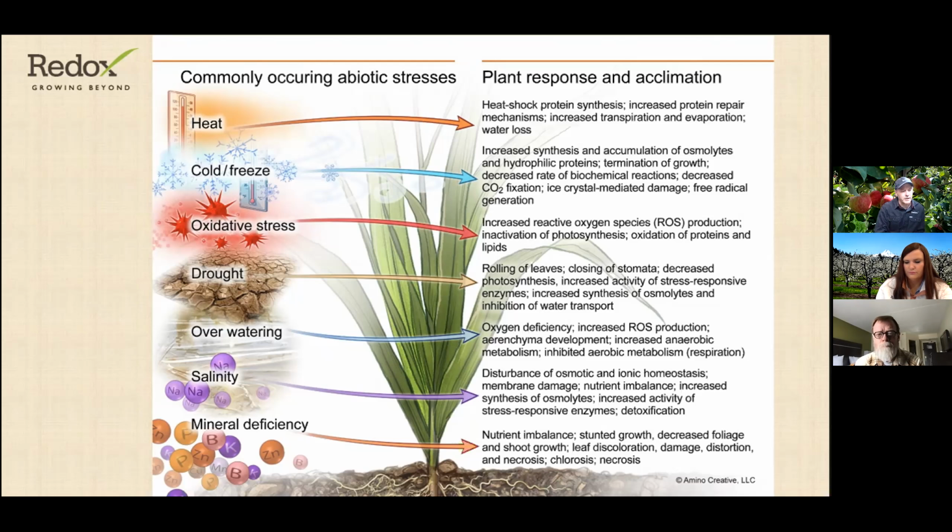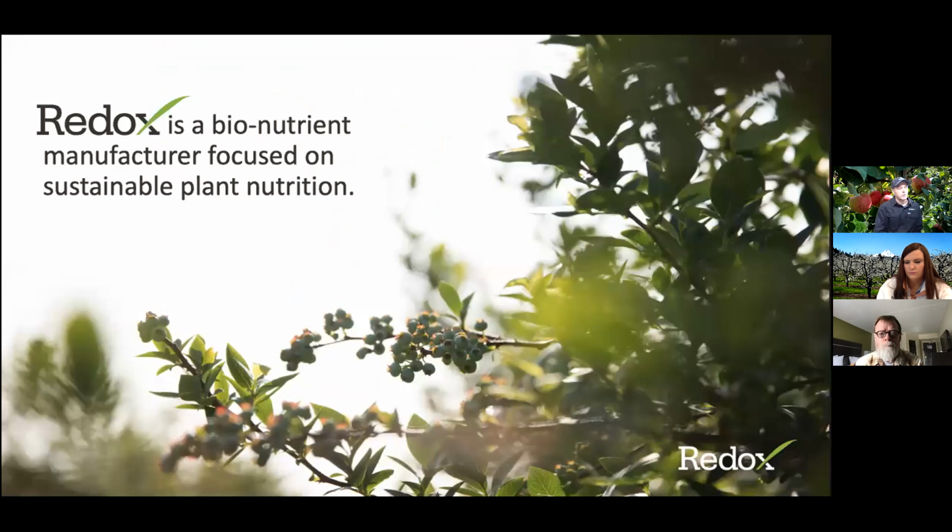And this is being done with a highly effective but clearly non-traditional approach to plant nutrition. So Redox, for those not familiar, is a bionutrient manufacturer that's focused on sustainable plant nutrition. What Redox does that is unique is to react raw nutrients with a range of carbon compounds that are useful to plants and soils, such as amino acids and humic acids. Those are just examples.